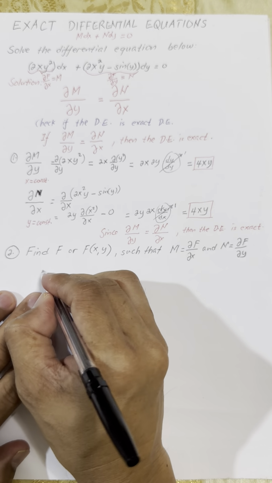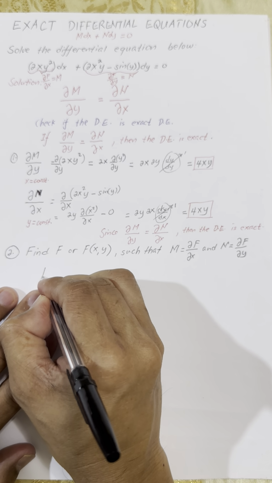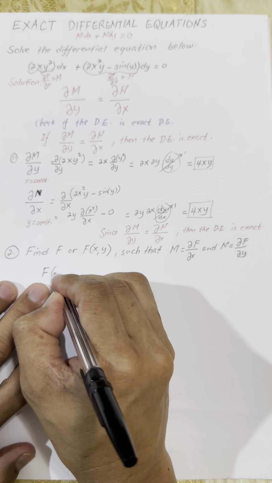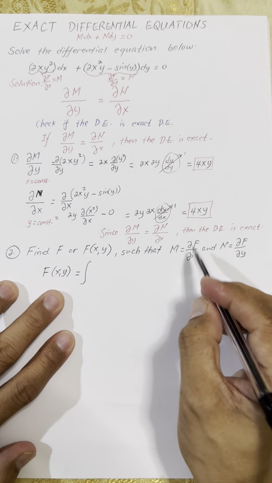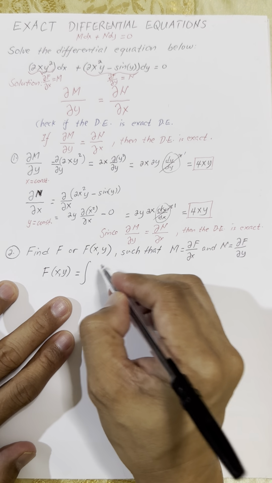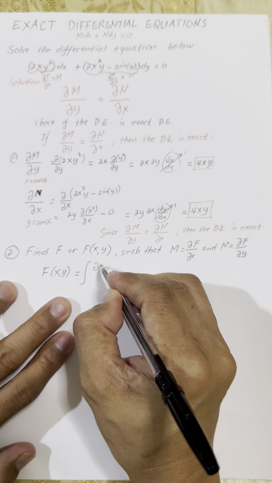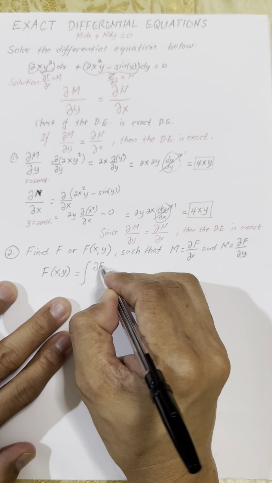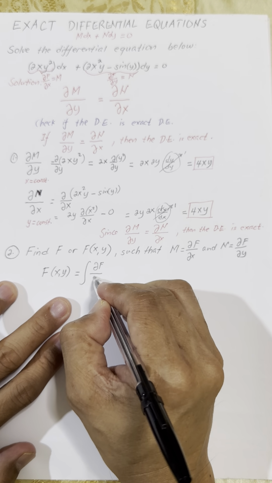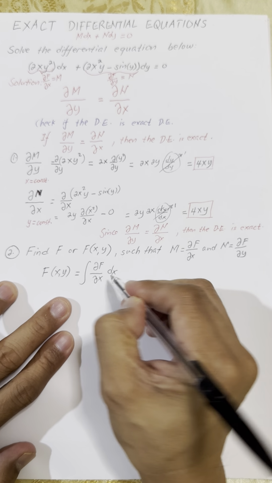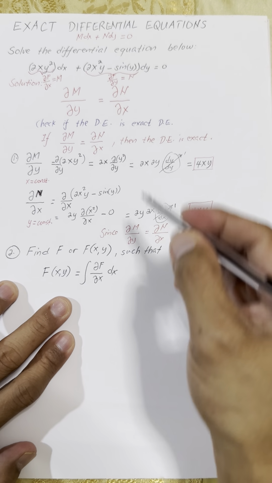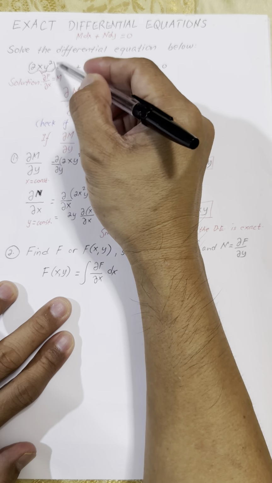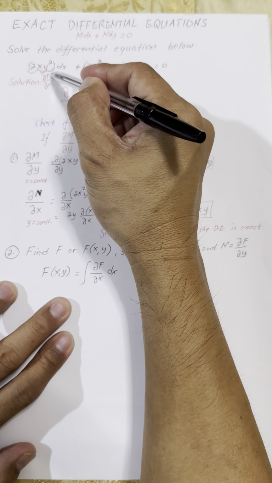Okay, so to do that, we have to integrate. So we have f of x and y equal to the integral of the partial derivative of f with respect to x dx. By the way, this is just m. So this is our m, which is the partial derivative of f with respect to x.